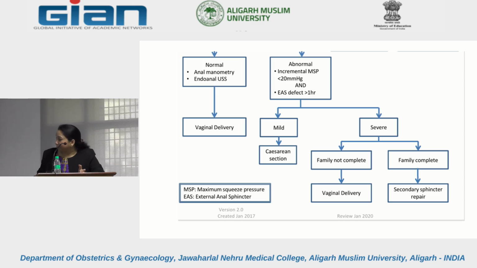If it is already severe, nothing can be more severe than that, so the patient should be left for vaginal delivery, and once the family is complete she should go for repair, or for a future cesarean section if she doesn't want that.